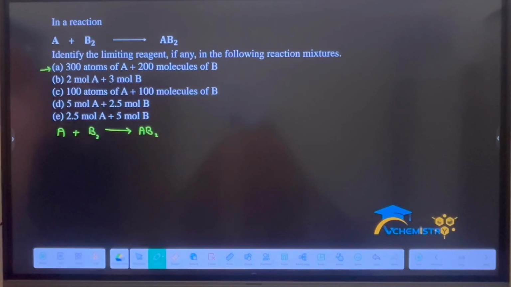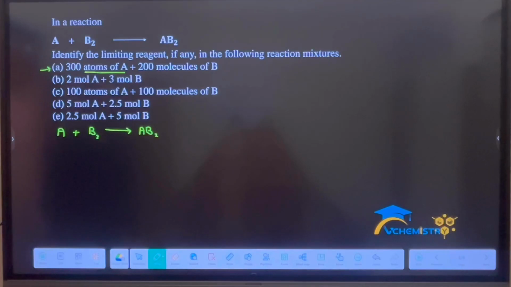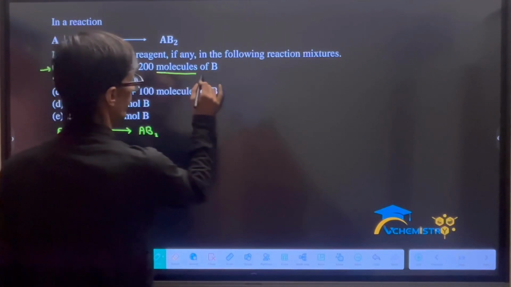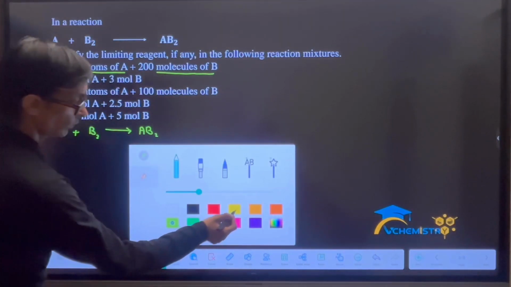We want to find only the limiting reagent. With respect to atoms of A and molecules of B, first of all we will write the ideal statement. So how to write the ideal statement?